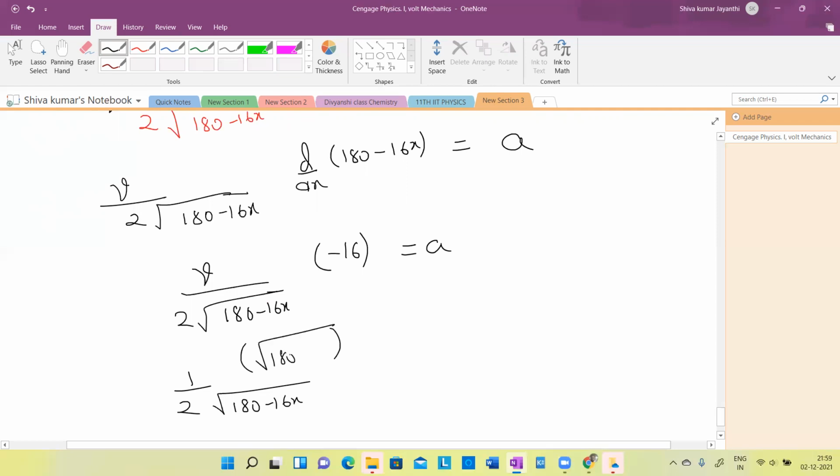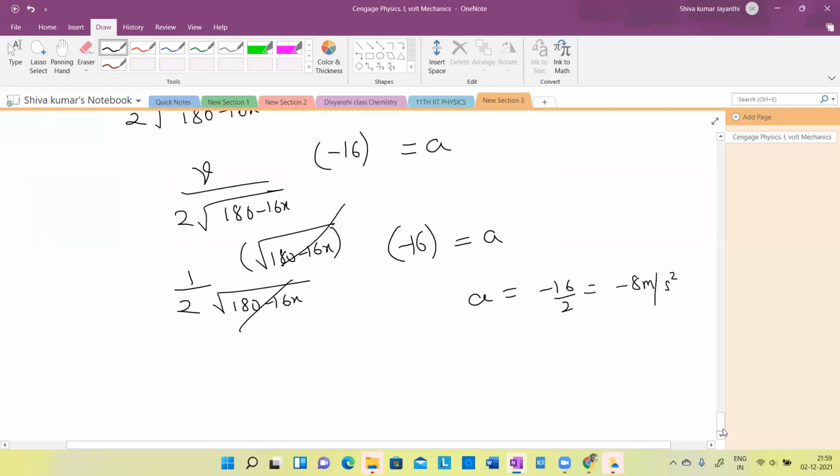Root over 180 minus 16x. This will cancel, into minus 16, is equal to a. What is acceleration, children? Understood what I did? Minus 8 meters per second squared. So it is retardation actually. Understood how I did?